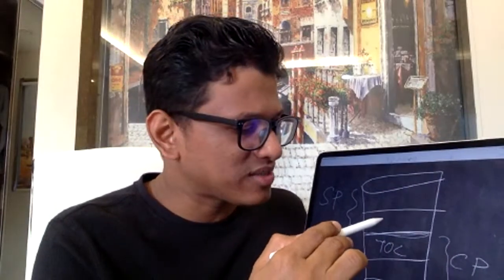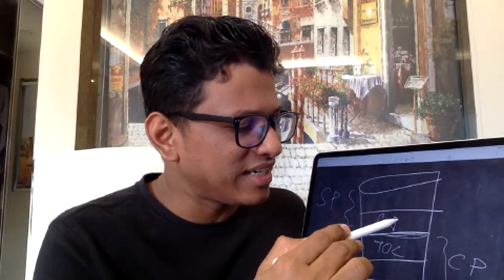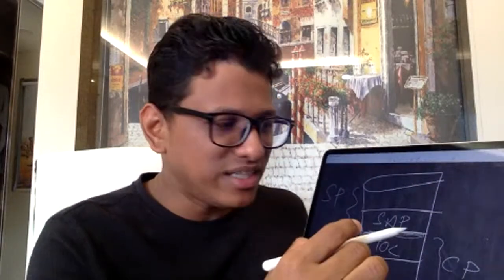Then this one is substantive analytical procedures, which we learn as a part of SA 520. And this is test of details. We learn about test of details in SA 530.